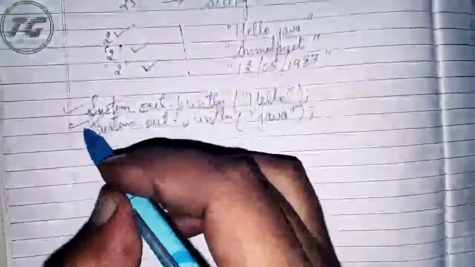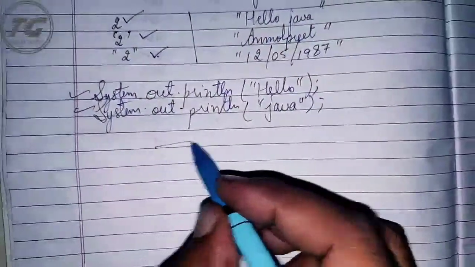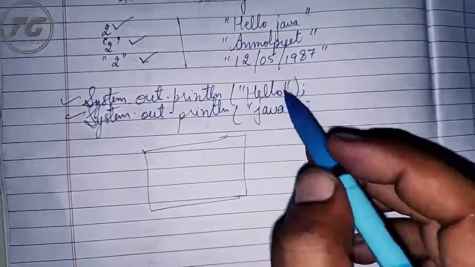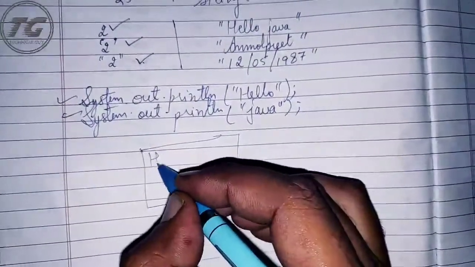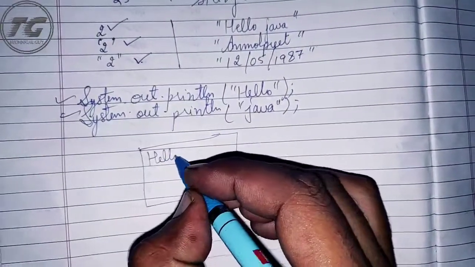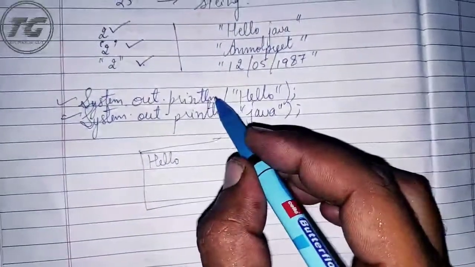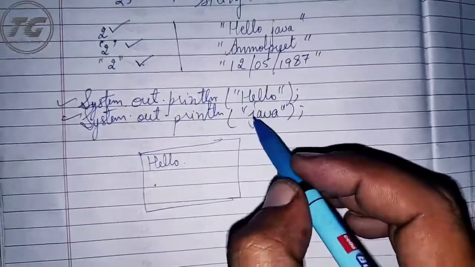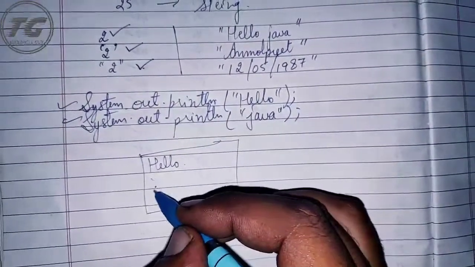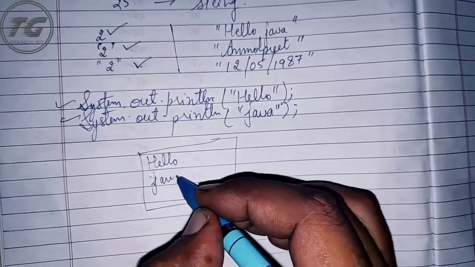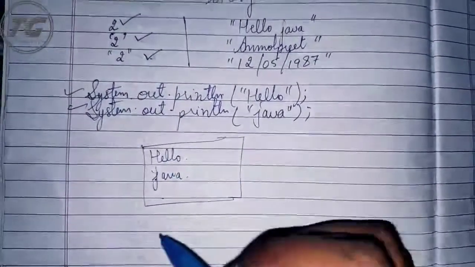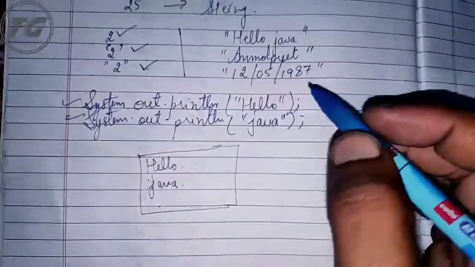Now if you execute these two lines, in the terminal window or the output screen you will see this output: hello will be printed in the first line because it is the print line method. Automatically a new line will come, and then Java will be printed in the new line. Again a new line will be there. So this will be the output.